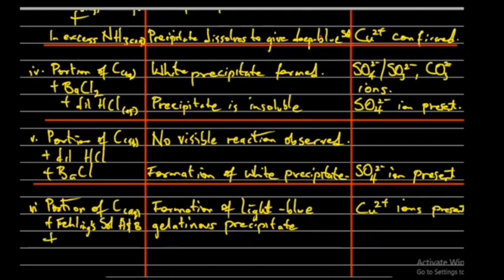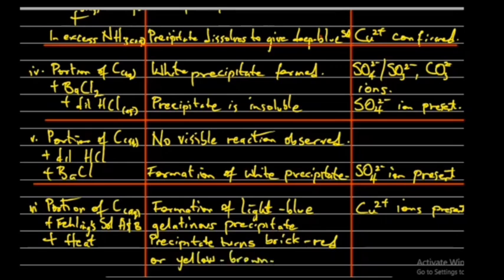Yes, and then when we applied heat to it, the precipitate turns brick red. The light blue precipitate that was formed earlier turns brick red, or even we could call it yellow brown color.